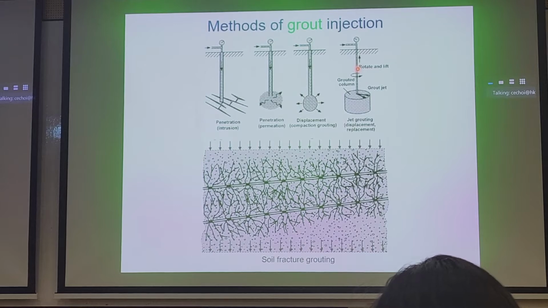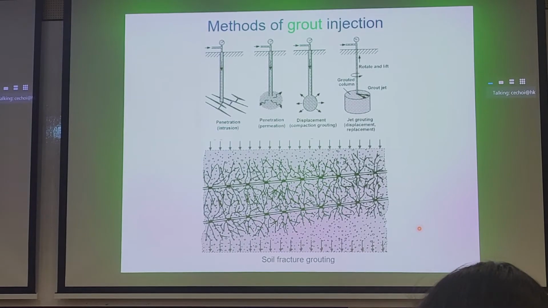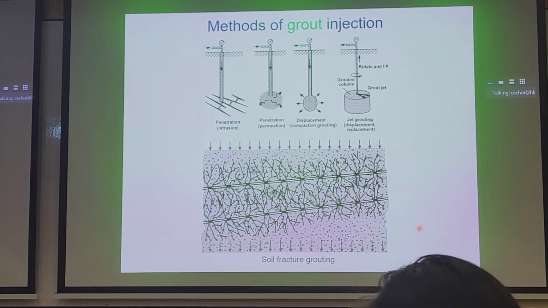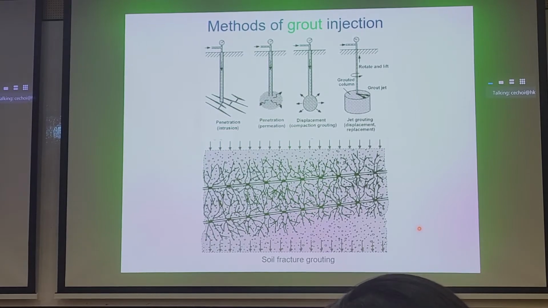And when you create these cracks and fissures, the grout will follow these planes of discontinuities and fractures and fill them up. So if you look at the bottom of the slide here, we have an example of how soil fracture grouting would work. You see, in essence, a series or networks of grouted veins in the ground. Soil fracture grouting is good for compensation.